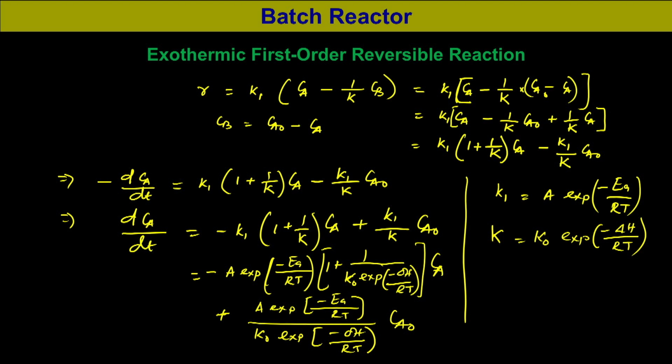So, this is the first part, and the second part would be equal to A exponential minus Ea by RT divided by K naught exponential minus delta H by RT into Ca naught. So, this is the concentration versus temperature relation with respect to time.